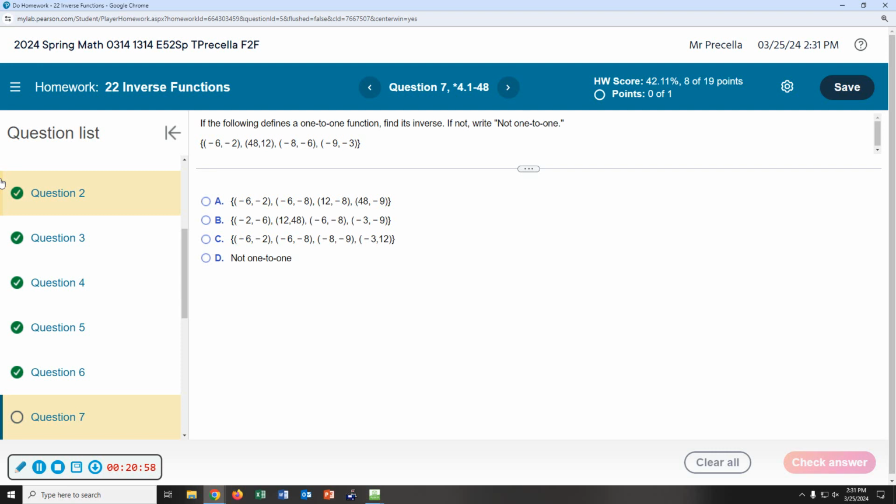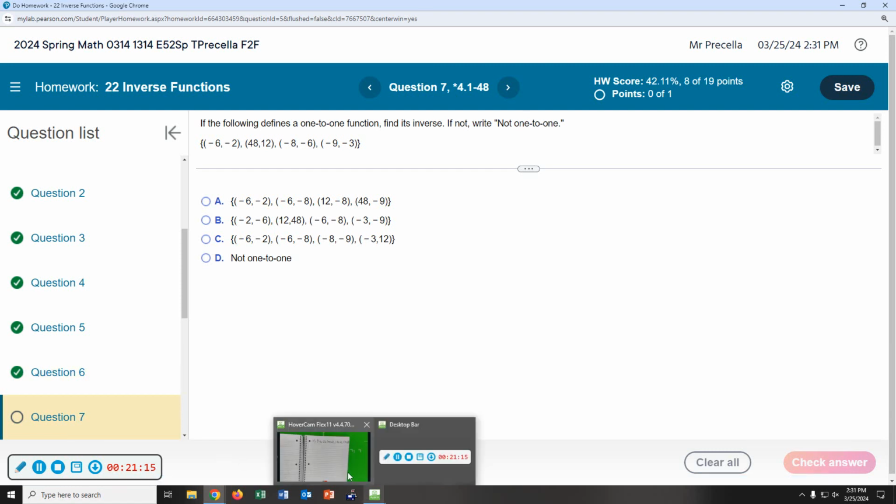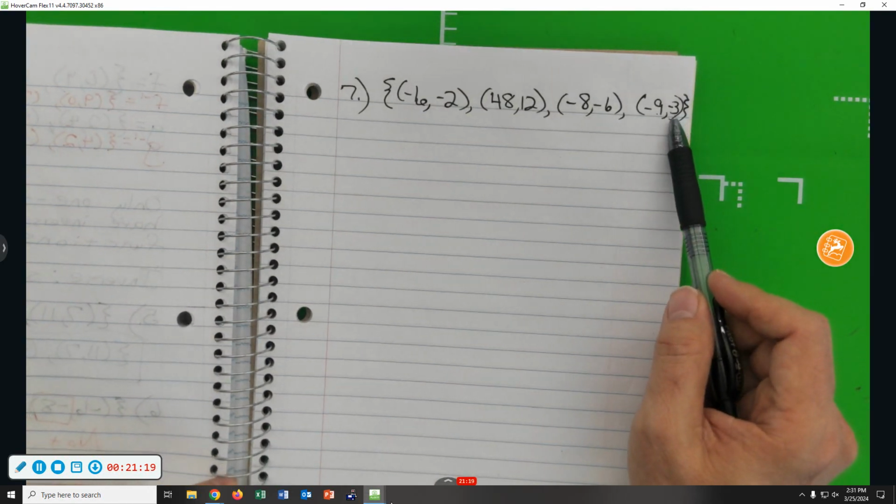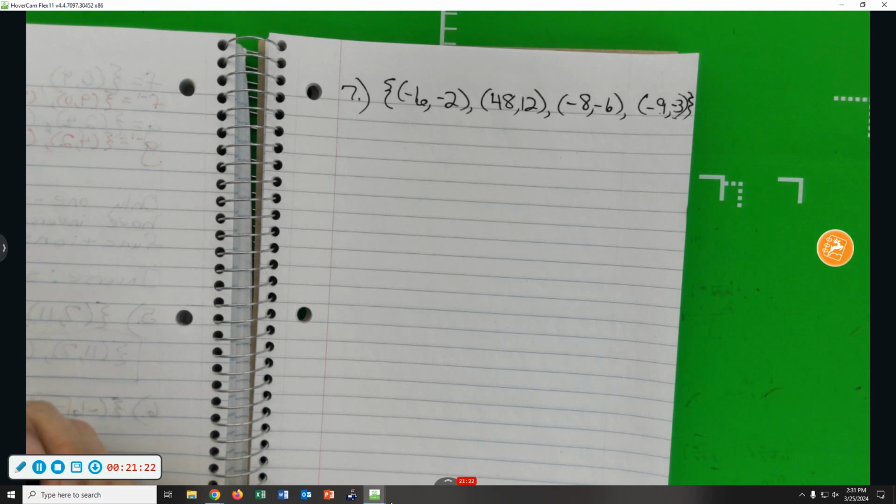That's sort of messy. Can y'all read that? Well, let me make sure I don't miscopy anything. -6, -2, 48, 12, -8, -6, and -9, -3. Okay. There it is. It's sort of messy, but hopefully y'all can read it.